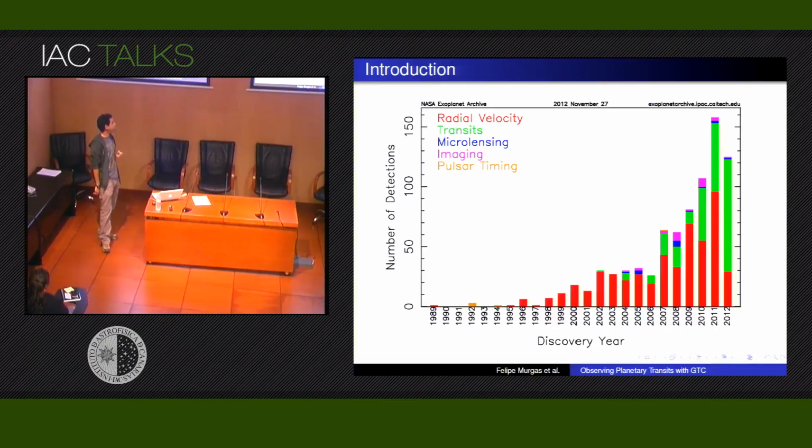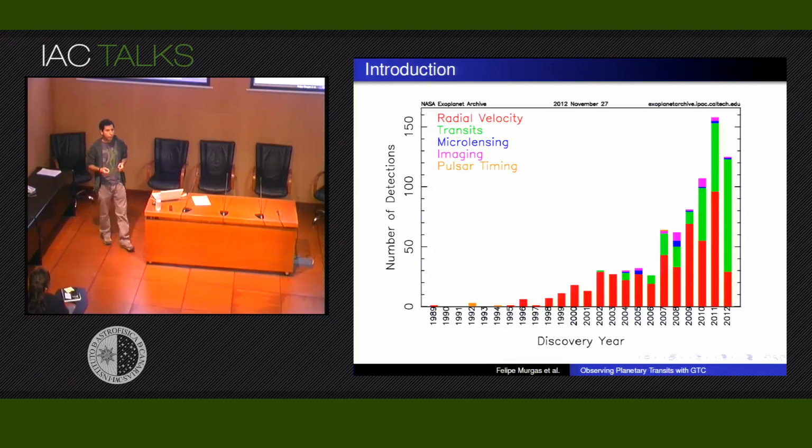And the second landmark, I guess, is in the year 2002, when the first transiting planet was discovered. So after that, again, a lot of people started searching for planets using the transit method. Of course, there are other methods like direct imaging and also microlensing.